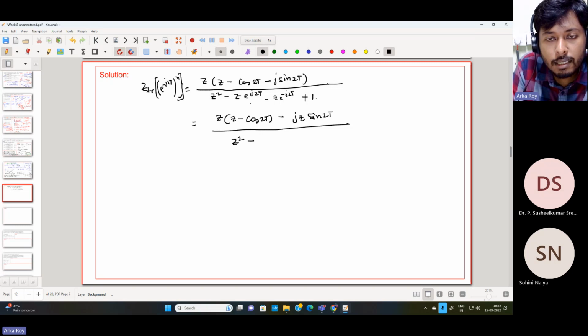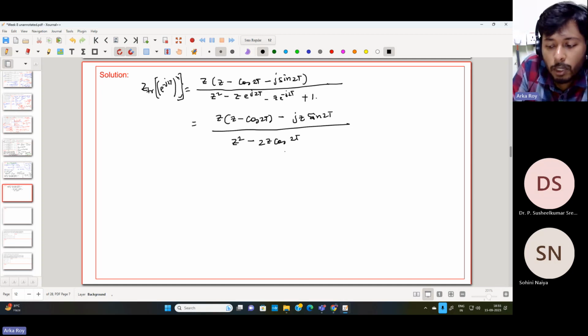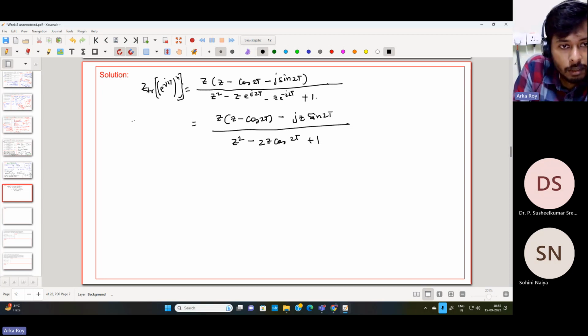Here, if I take z common out from these two terms, I can write it as 2z cos 2t, because e to the power j theta plus e to the power minus j theta divided by 2 is equal to cos theta. So by exploiting that rule, we can write it like this. And this is the z transform of e to the power minus j2t, to the power n.